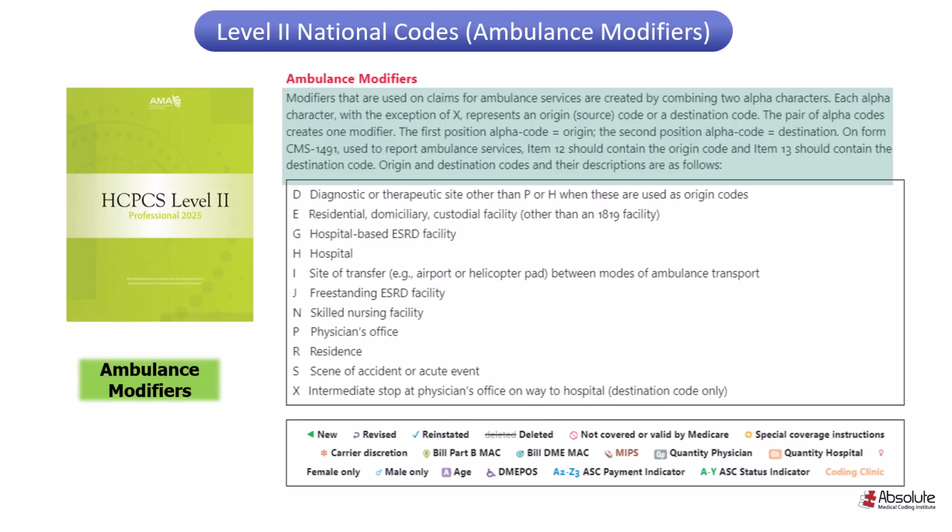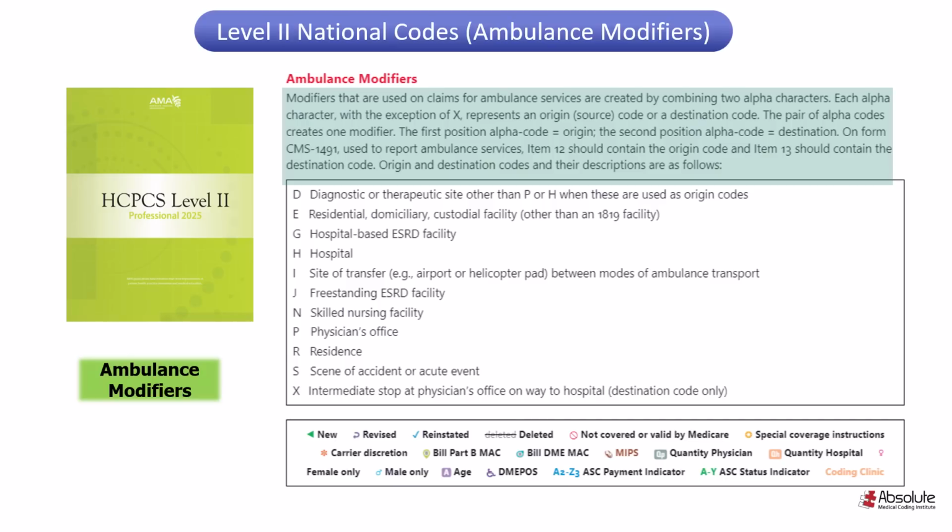We'll get into that later, maybe. G, this is hospital-based end stage renal disease facility. H is hospital. I is site transfer. So, site of transfer, so an airport or helicopter pad between modes of ambulance transport. So this can occur but not as common.